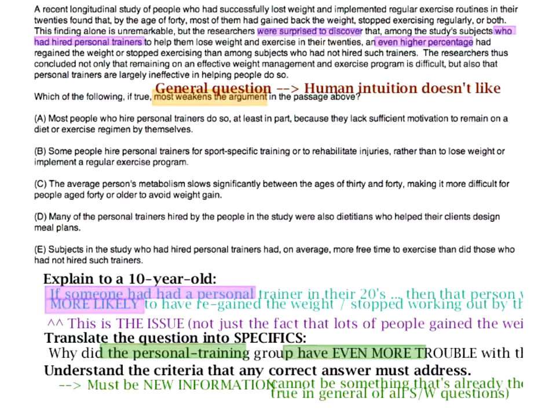It has to be relevant specifically to the personal training group as opposed to other groups. That's one thing. So in color blue, we'll make that criterion here. Must pertain specifically to the personal training group.